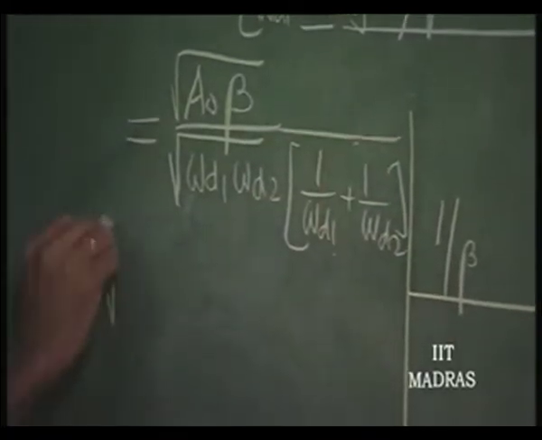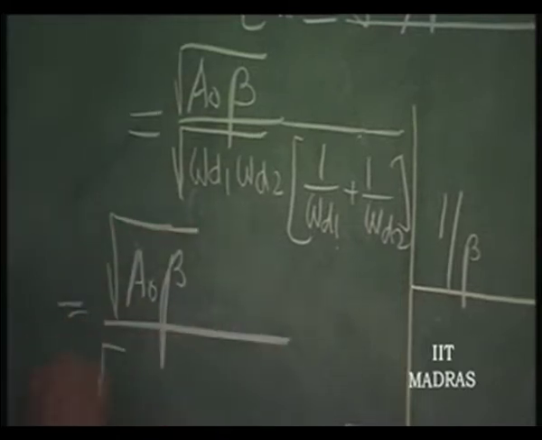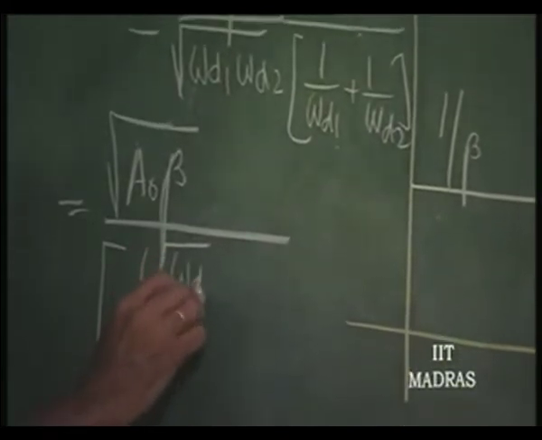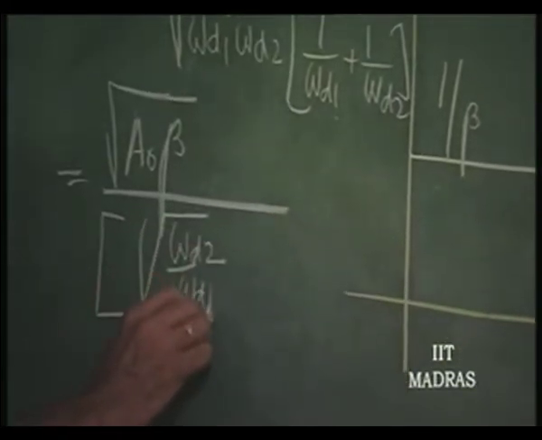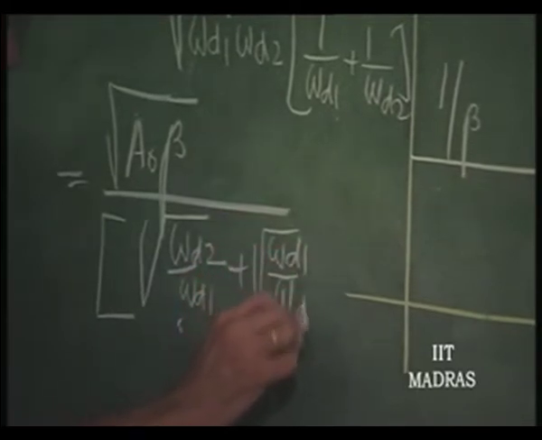So, this is root of a naught beta divided by root of omega d2 by omega d1 plus omega d1 by omega d2.